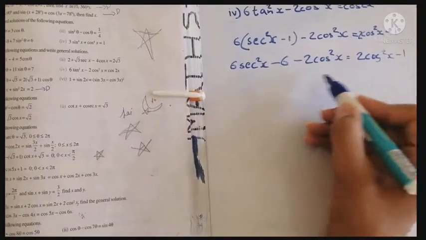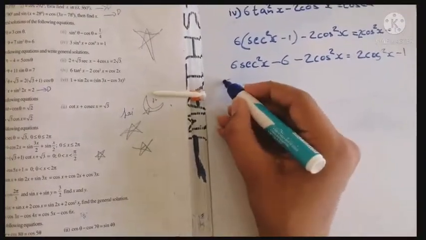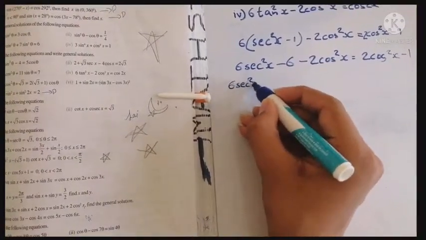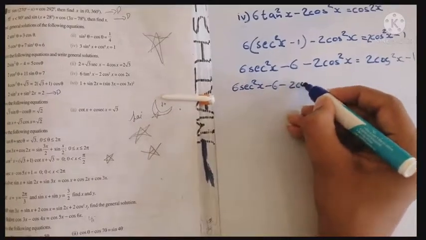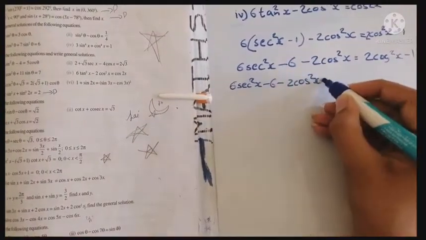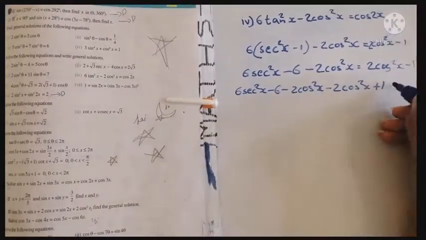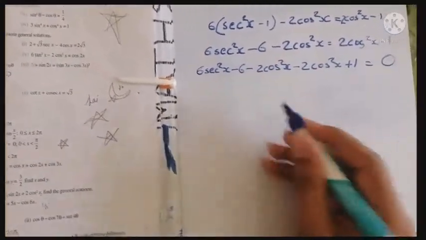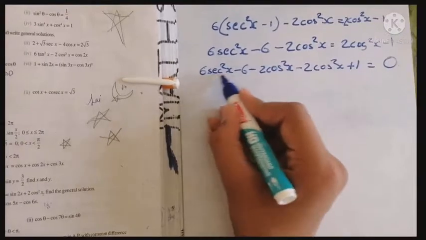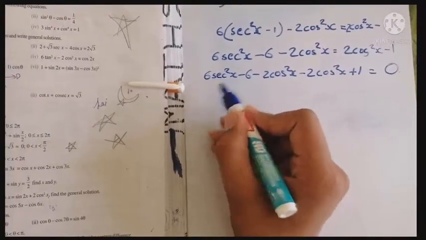So now we can take the RHS to the left hand side. So 6 secant square x minus 6 minus 2 cos square x minus 2 cos square x plus 1 is equal to 0. Now what are we going to do? We can write secant square x in terms of cos square x.